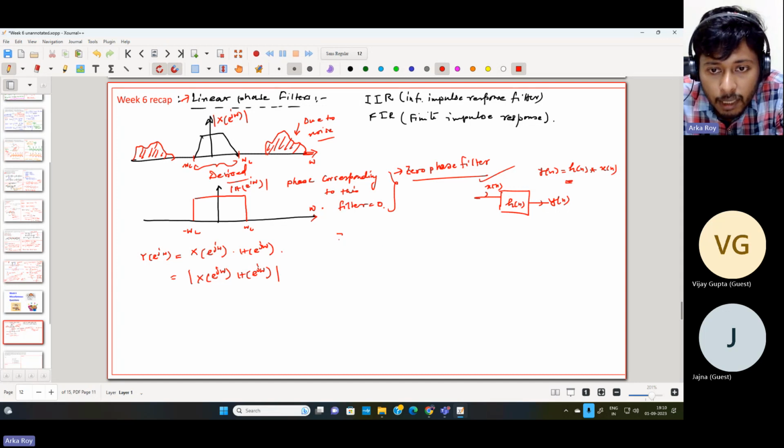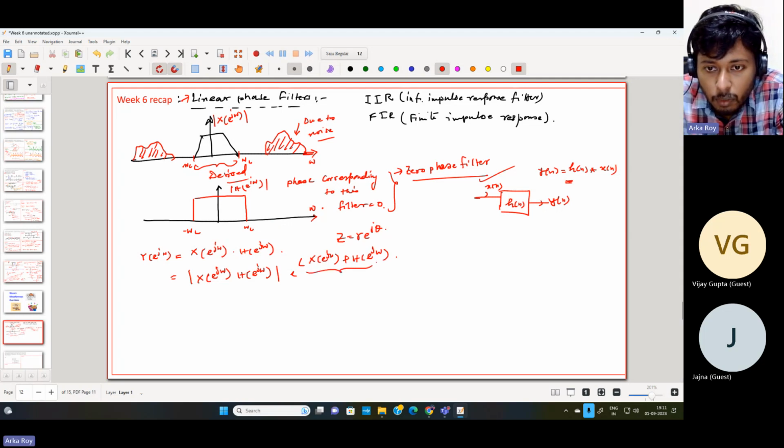Any complex number I can write as r into e^j theta. So by that logic, I can write it as e to the power angle X(e^j omega) plus angle H(e^j omega). So this is the phase information and this is the magnitude information.